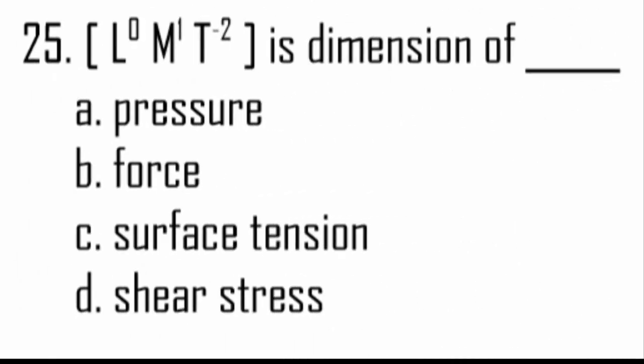Question number 25. L0 M1 T minus 2 is dimension of. Now students, whenever you are solving questions based on dimensions, I always recommend that you learn dimensions of force, work, and charge. If you remember these three dimensions, you can quickly and very easily find out dimension of any physical quantity.